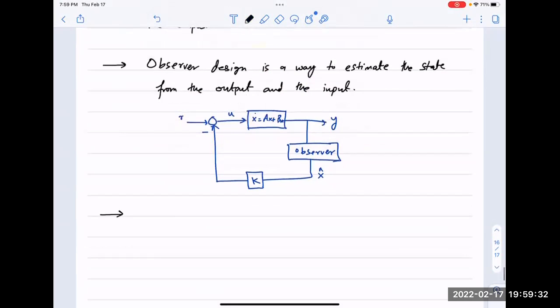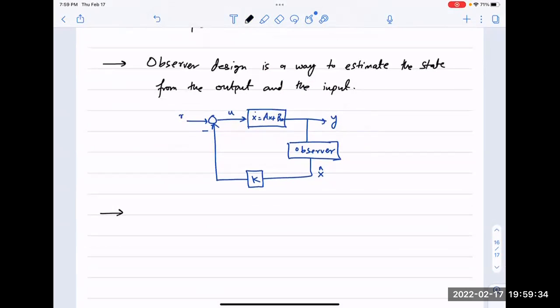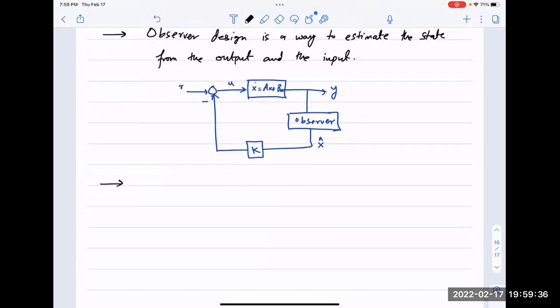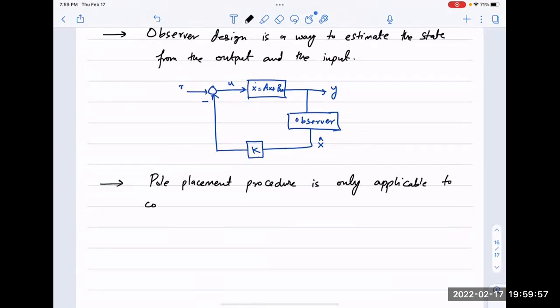Okay, and another observation in today's topic is that the pole placement procedure is only applicable to controllable systems.